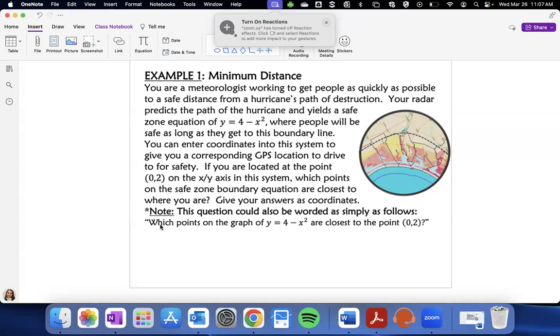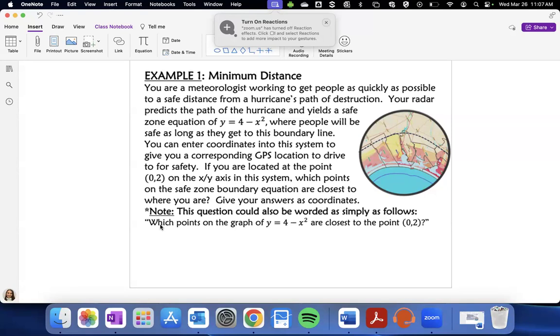So what I'm asking is, if I want the closest point, what am I optimizing? I want my minimum distance. Who remembers the distance formula? So let's see.